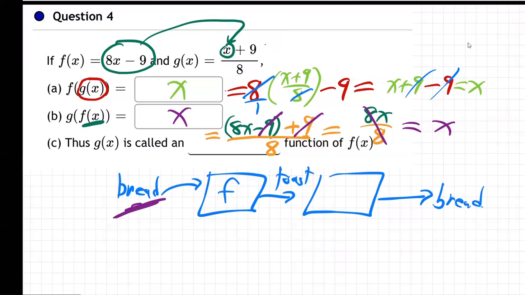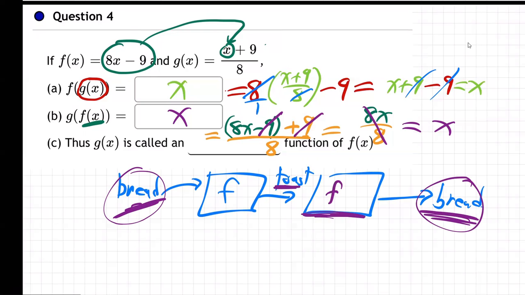Started out bread, became toast in between, put it into some other function, and it turned it back into bread. Then what is this right here? This would have to be the inverse function, right? Because it just undid whatever the first function did. That makes sense, doesn't it?